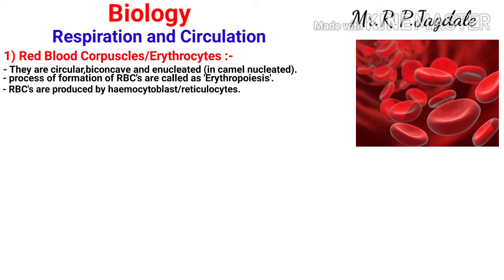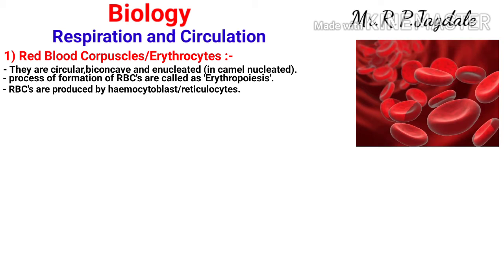These RBCs are produced by hemocytoblast or reticulocytes. These are the cells before the RBCs, that means from those cells the RBCs are produced.